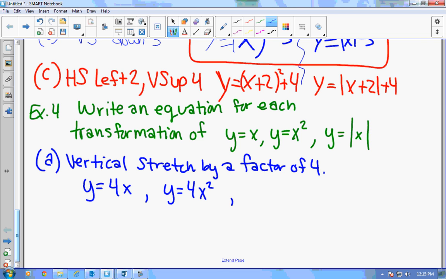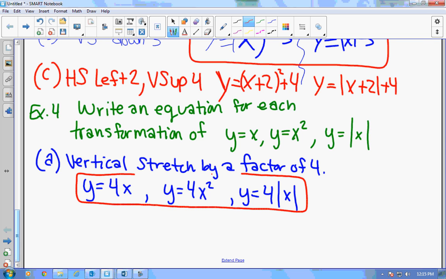And the absolute value would be y equals 4 absolute value x. Because the vertical stretches are just a multiplier, so it just multiplies in the front. Okay?